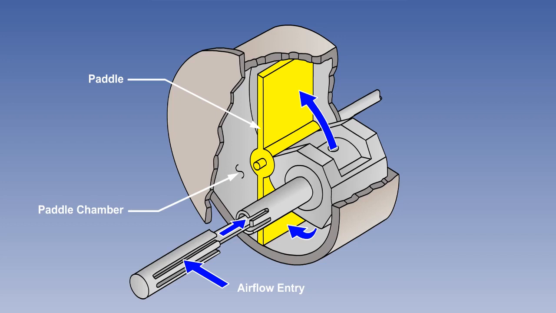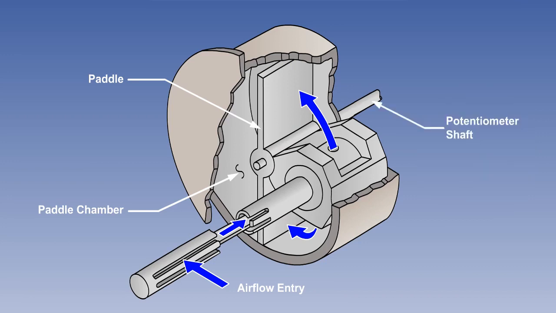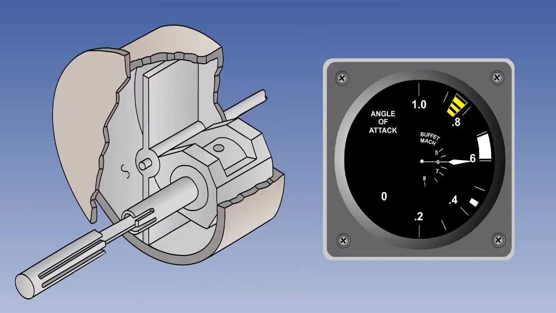Variations in air pressure caused by changes in airstream direction cause an imbalance of the air pressures that are acting on the paddle, and the paddle will rotate on a shaft until the pressures are equalized. The rotary movement of the shaft drives a potentiometer, or synchro, and the output is used to position a pointer on an angle of attack indicator.